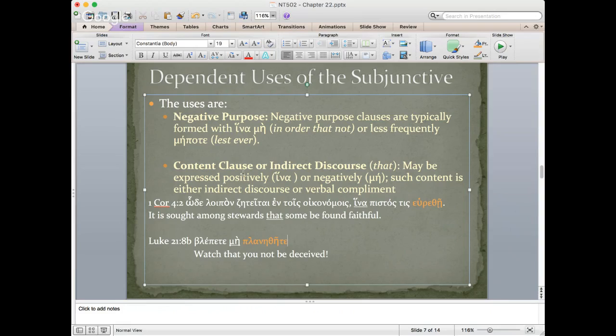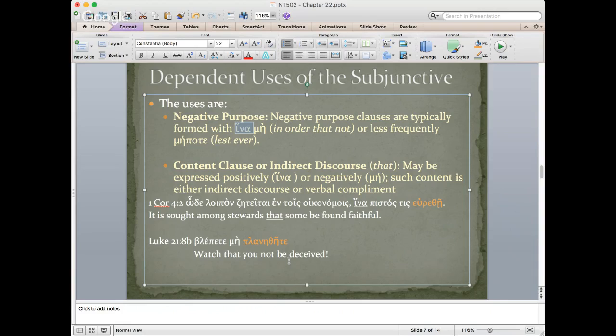Okay. He said normally it's going to be hina me. So maybe it would be negative content, and probably a verbal complement. You're watching something, you're bewaring of something.